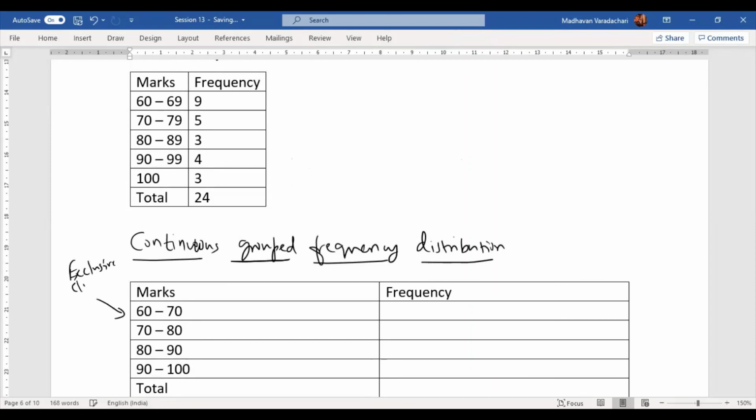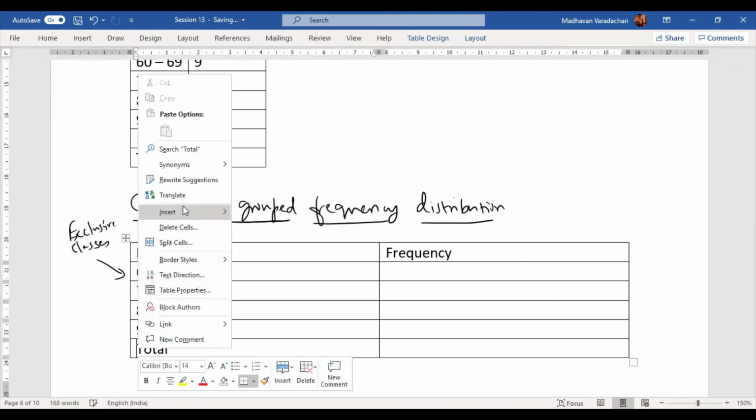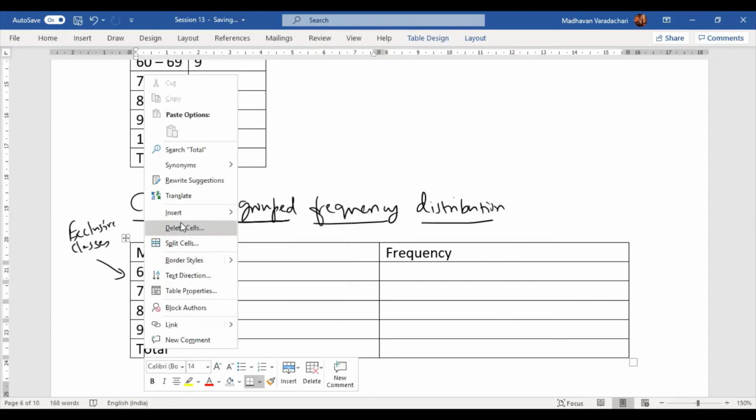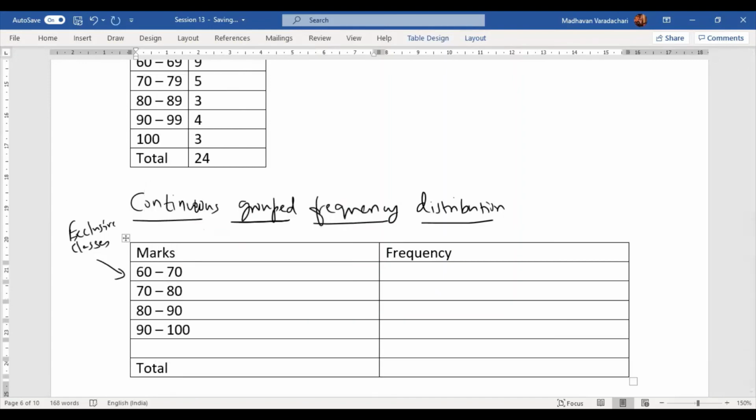Here 70 is excluded in the first class, whereas 80 is excluded in the second class, and so on. Here I should show 100 separately, just for convenience.